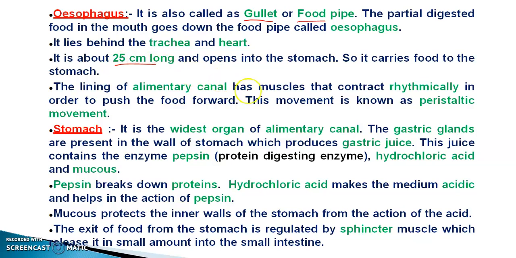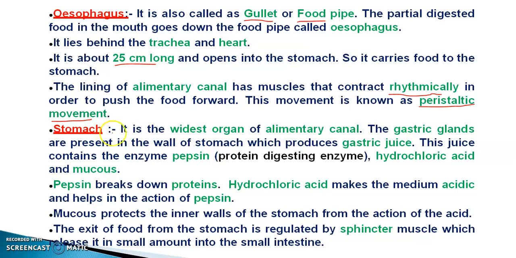And this esophagus has very important muscles that contract rhythmically, which push the food material through peristaltic movement into our stomach. Digestion does not occur in the esophagus, only the passing of the food from the mouth to the stomach.